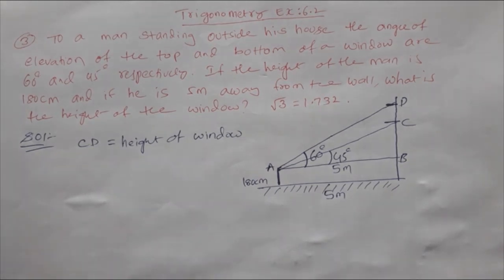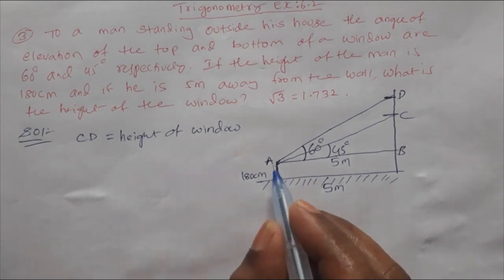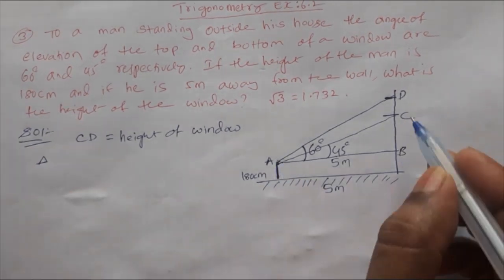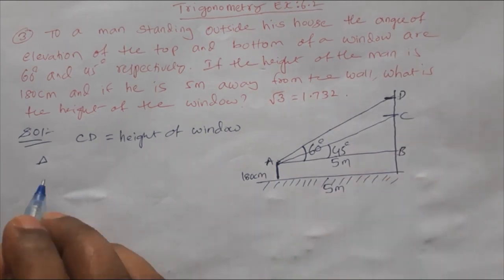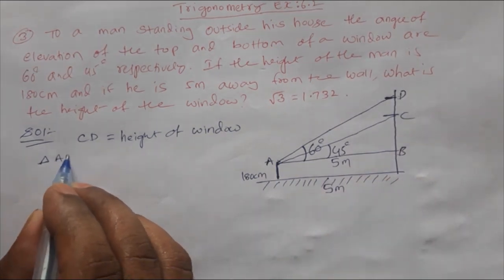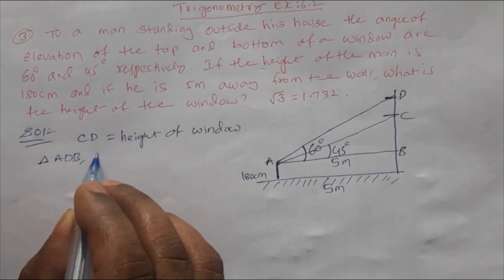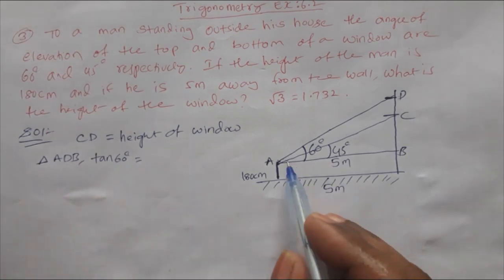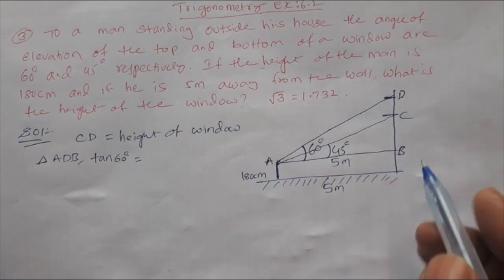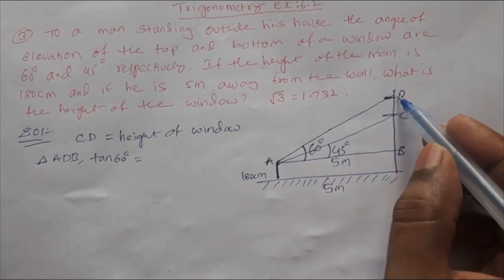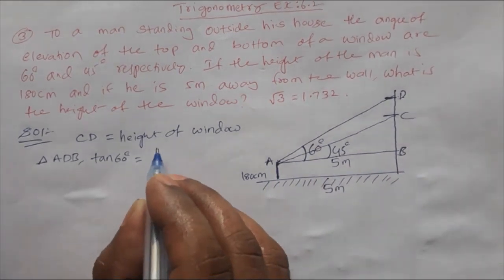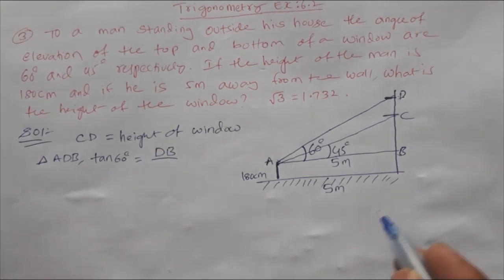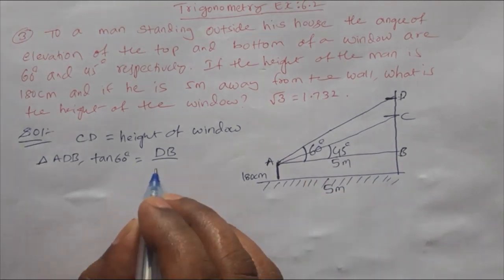For finding that, take triangle ADB first. Apply tan 60. Opposite is DB divided by adjacent AB.